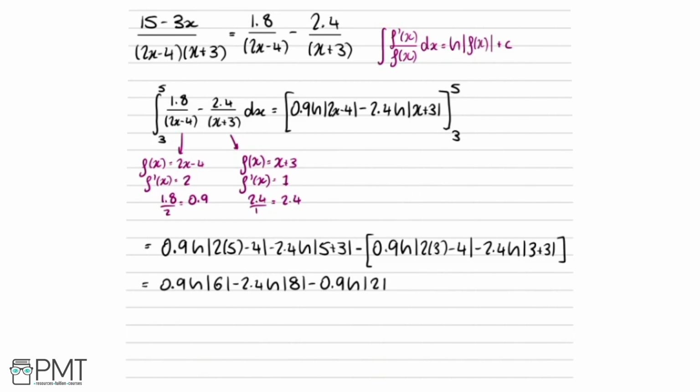And then because it's a negative times a negative, we get plus 2.4 and the natural log of 6. So we can combine both these terms quickly. So we'll have 0.9 plus 2.4, which equals 3.3. Minus 2.4 ln 8, minus 0.9 ln 2.